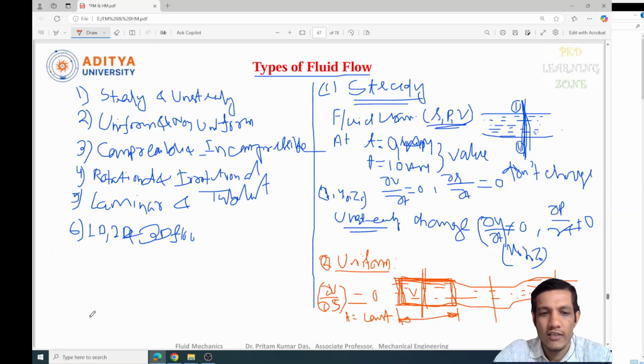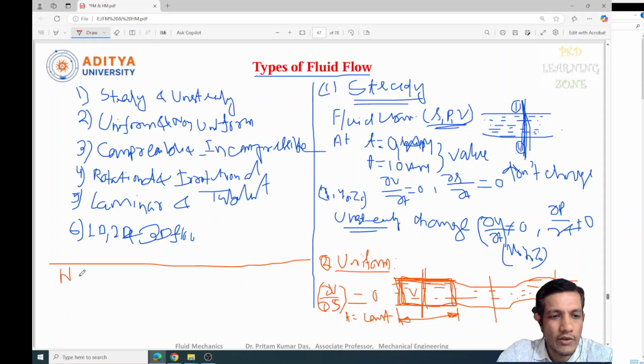Similarly, if I talk about non-uniform flow, the opposite of uniform, it is also simple. Considering a similar condition, the velocity is going to change. Here in this region the velocity is constant, suppose.